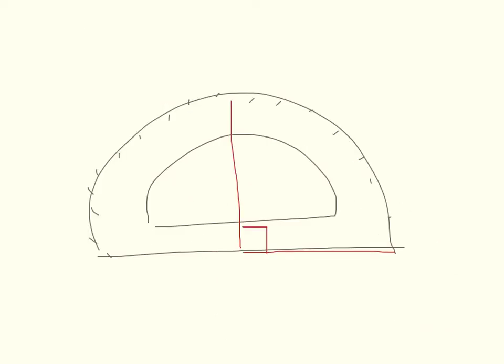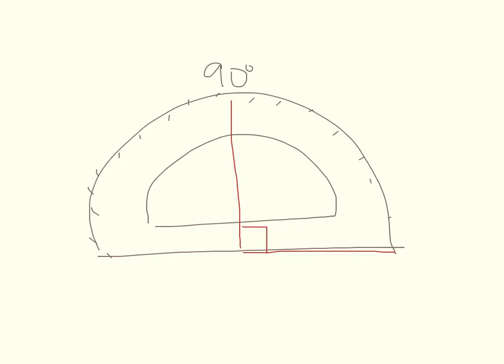I set it on the bottom and line that bottom line up with the protractor and the angle, and it will measure up to a number on the top here of the protractor. That number, if it's a perfect right angle, is going to measure at 90 degrees. All right angles are 90 degrees.